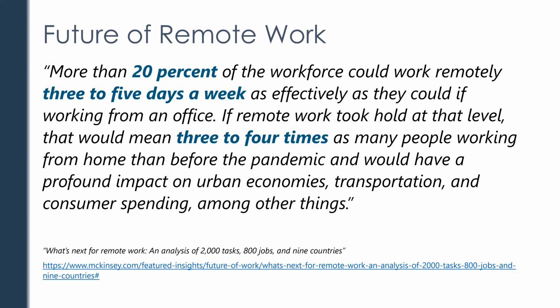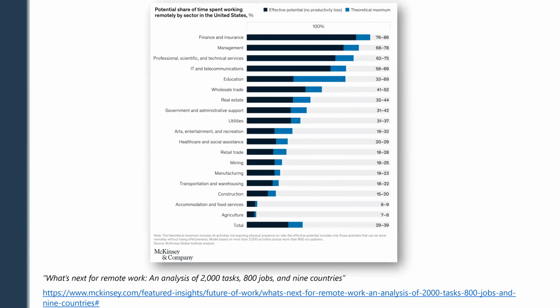Now the report that McKinsey put out, the purpose there was they were looking at individual tasks performed by specific occupations and to what degree those could be done remotely or outside of the office. They ranked them and identified how much of that job could be done remotely. And this list is some of their results.